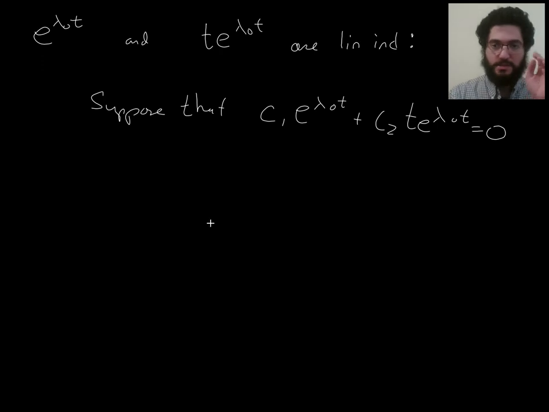Or maybe here it is in a more intuitive sounding way, I think. For these to not be linearly independent, for there to be a linear dependency, it would have to be that one of these vectors is a scalar multiple of the other. Do you feel like that's possible? Do you feel like it could ever be that e to the lambda naught t is just a number times t e to the lambda naught t? It should feel wrong. That doesn't feel right. They're very different functions. They have very different behaviors. You wouldn't expect to be able to get from one to the other by just multiplying by a number. So I hope that feels right.